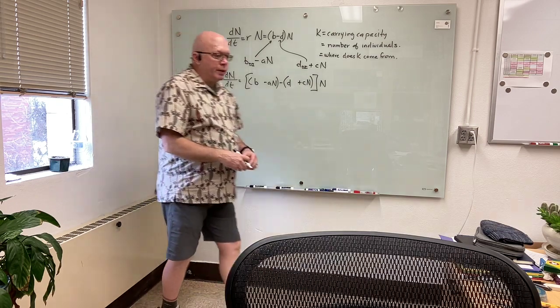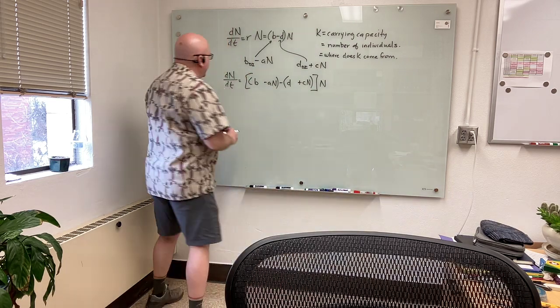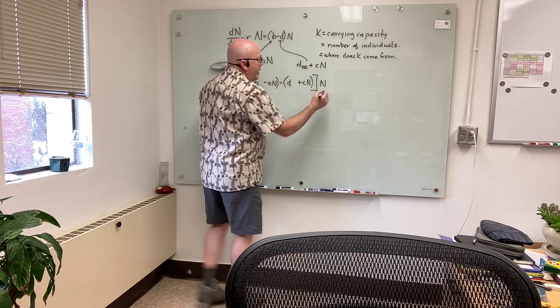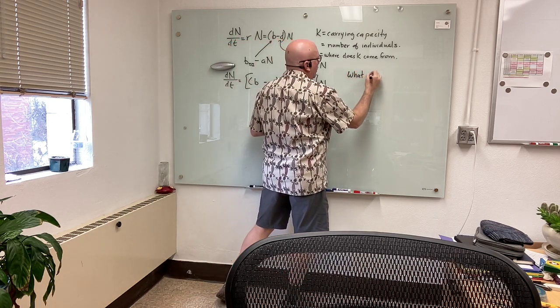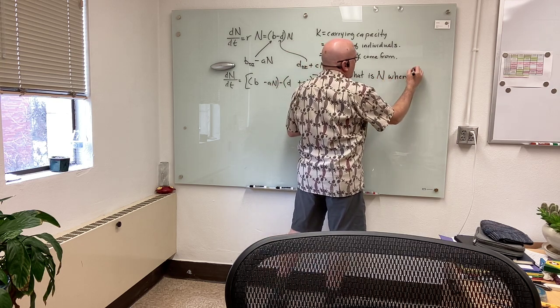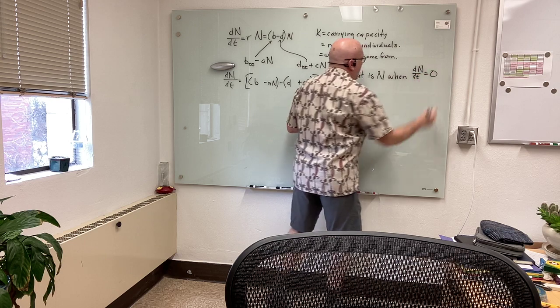So what we can do with this now is start doing some math. One of the things we can do is assume that we want to know what N would be. What is the population size when the change in population size given some change in time ends up equaling 0?